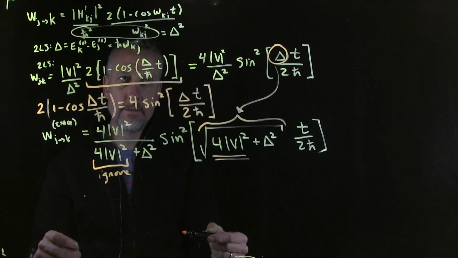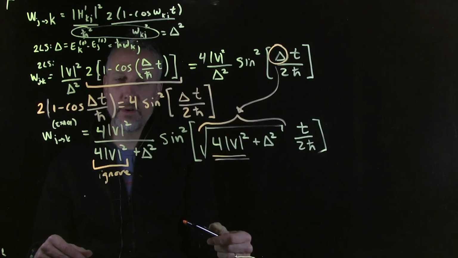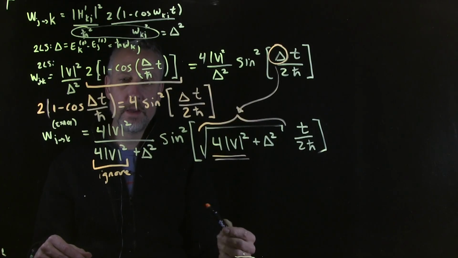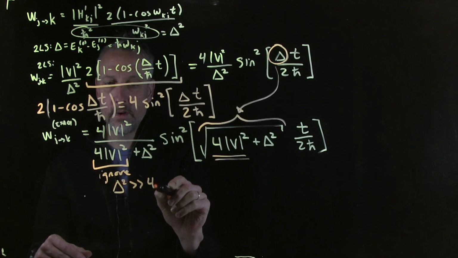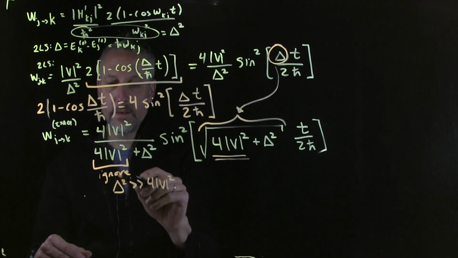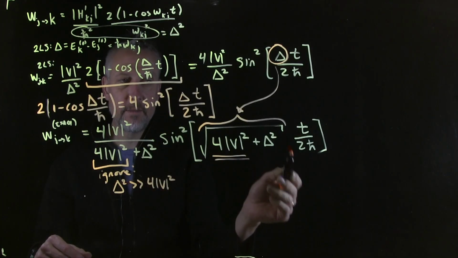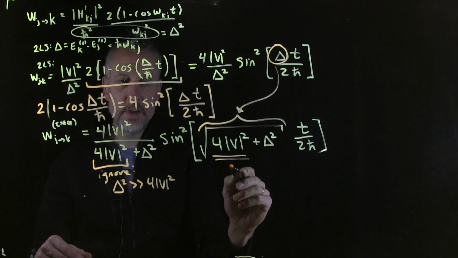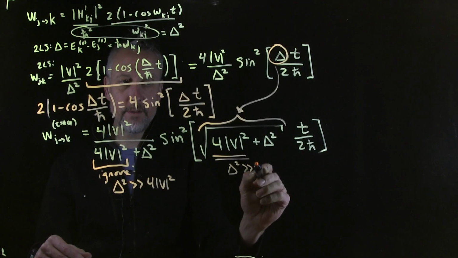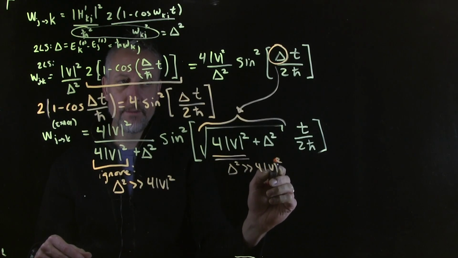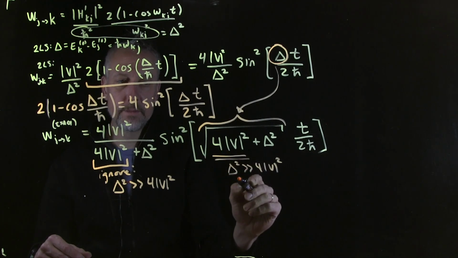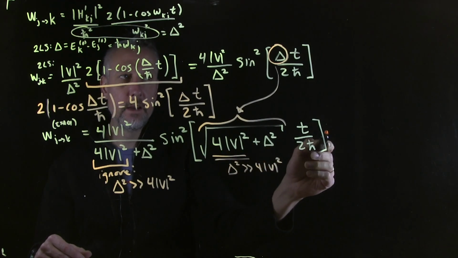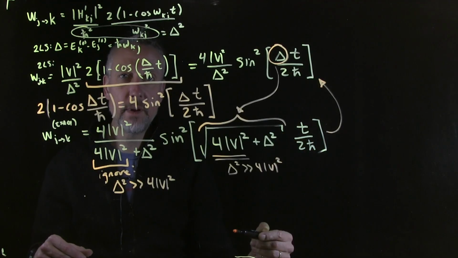Right? That gets me closer to the perturbation theory result. If delta squared is much greater than 4v squared, then I can do this. Same thing here. If delta squared is much greater than 4v squared, I can ignore the term in the square root. And that gets me back exactly the time-dependent perturbation theory result that we derived.